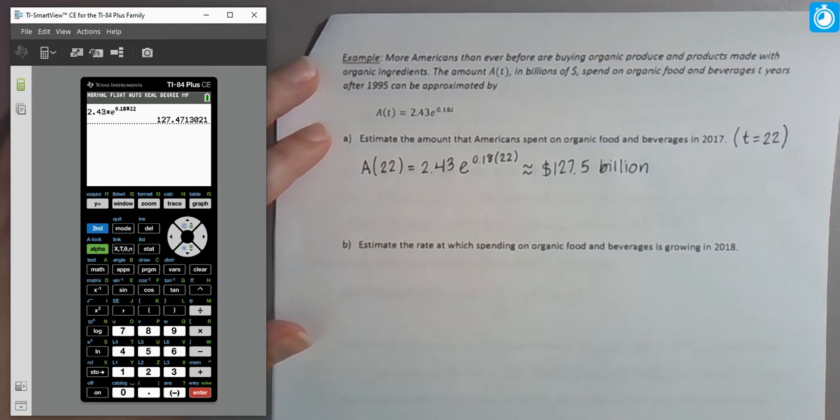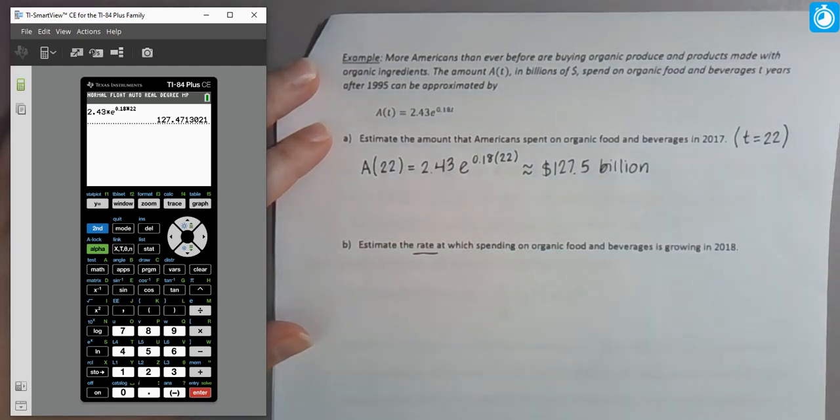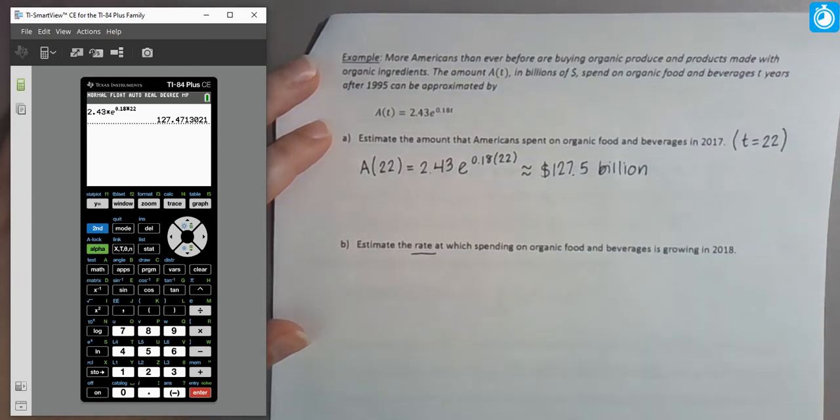Okay, next question. Estimate the rate at which spending on organic food and beverages is growing in 2018. So keyword here, rate. As soon as I see rate, think derivative, the instantaneous rate of change. How is spending changing at this particular period of time over that particular year?